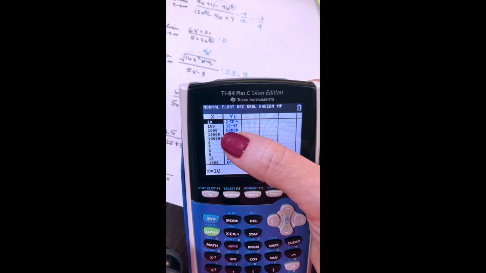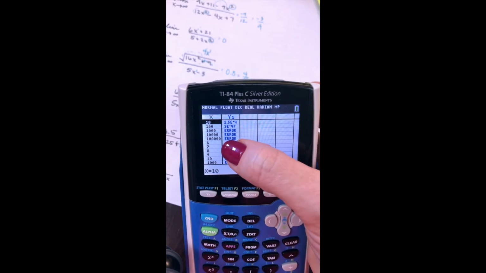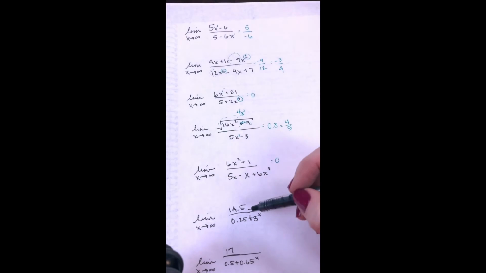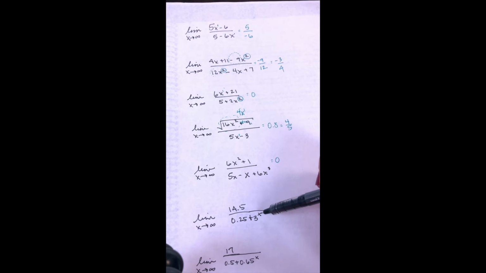And then by the time I get up to 1,000 and 10,000 and 100,000, the calculator just spits back an error. And what that means is that for this problem, as this x gets bigger and bigger and bigger, this whole thing is going to disappear to 0. So then you look at this and you're like, oh, okay, same structure. I have a number. I have something on the bottom where I have a number raised to a variable. It must be 0.